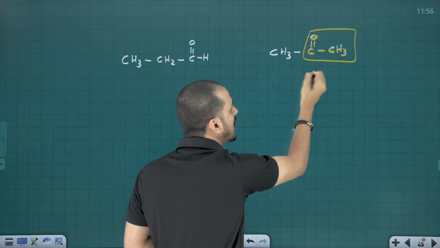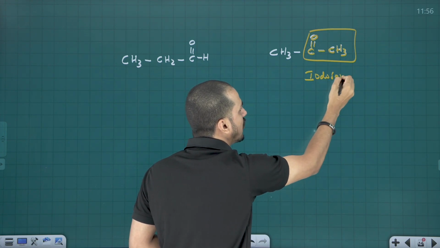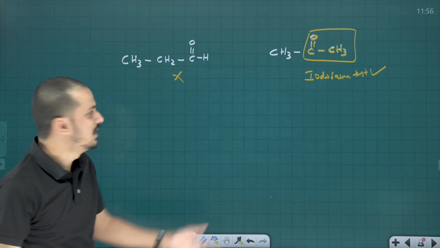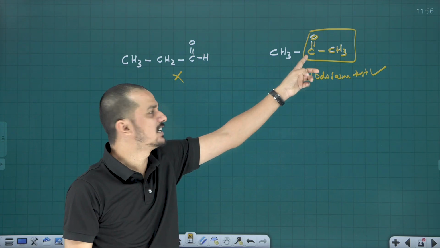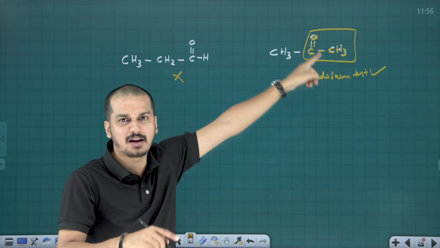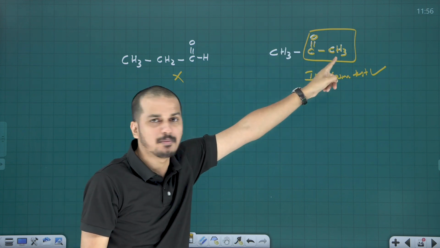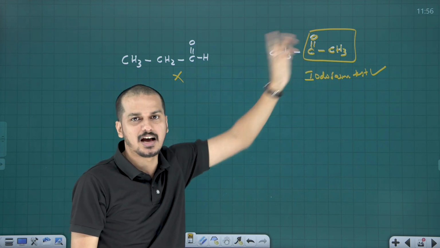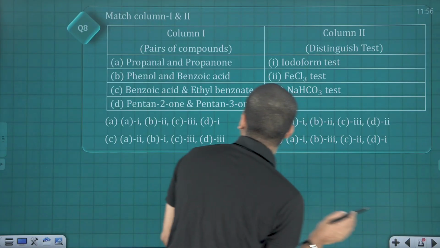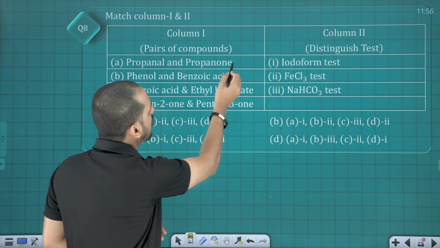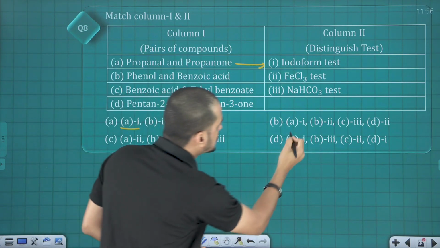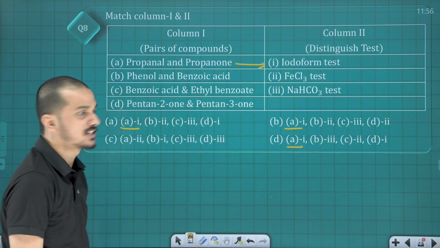This can give the iodoform test. Propanol cannot give it. Simple. A terminal methyl group connected with C=O, or a terminal methyl group connected with a carbon attached to OH, or a terminal methyl group connected with a carbon that contains halogen can give the iodoform test. Correct? So A is 1. A is connecting with 1.